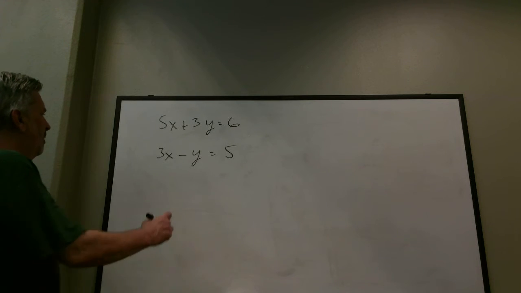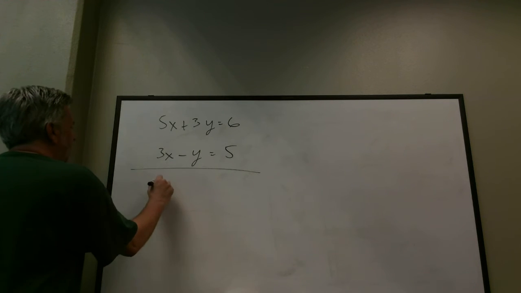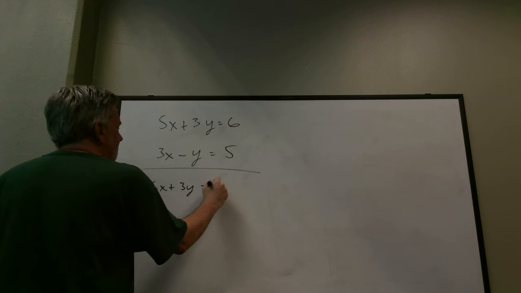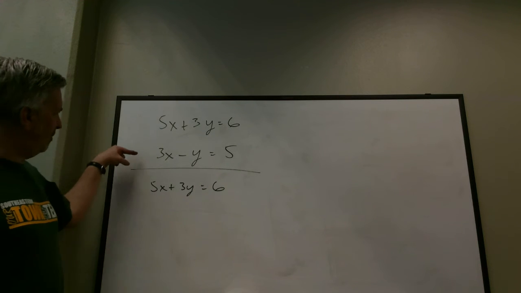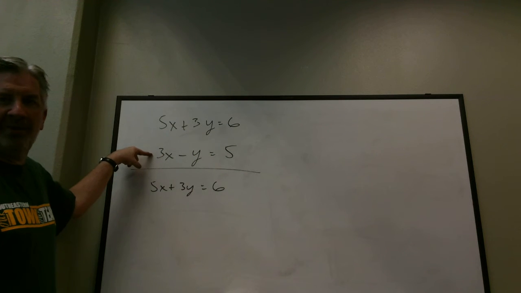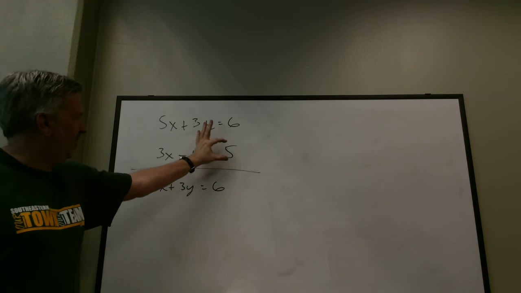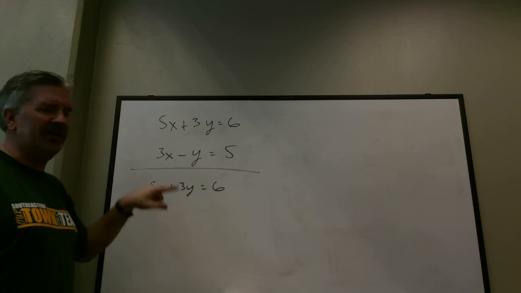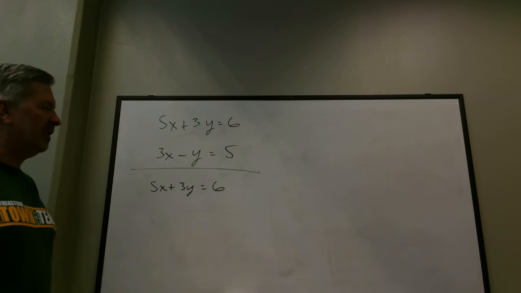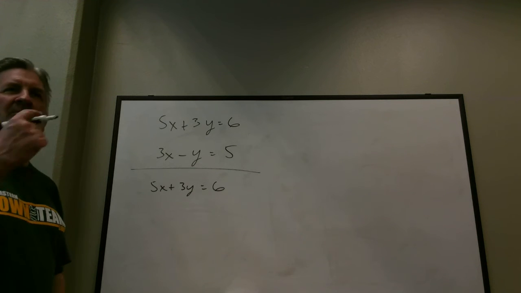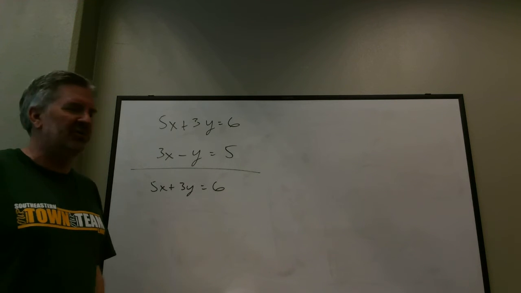Okay? So what I'm going to do, I'm going to recopy the first equation, and I'm going to multiply the second equation through by 3. Remember, if you have an equation and you multiply both sides by the same non-zero number, you'll still get an equation with the same solution set. So it doesn't change the solution.